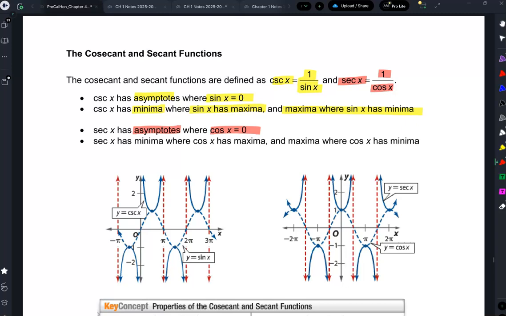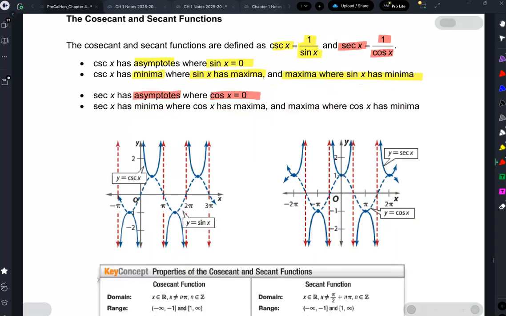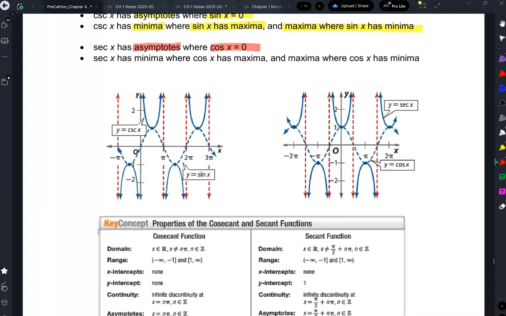The best way to understand how to draw one of these is to start with their reciprocal. So to draw a cosecant, we first draw a sine function. You see here the dotted function is a sine function, right? Now, this sine function is 0 here, here, here, here, and here. At all of those points, the cosecant will have asymptotes.